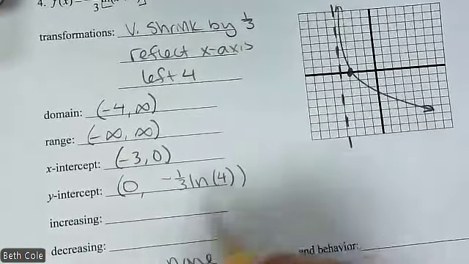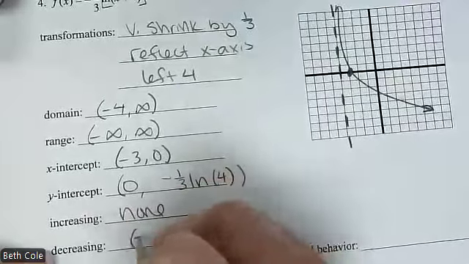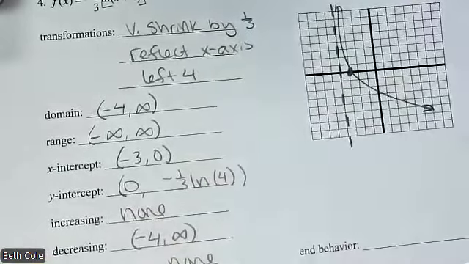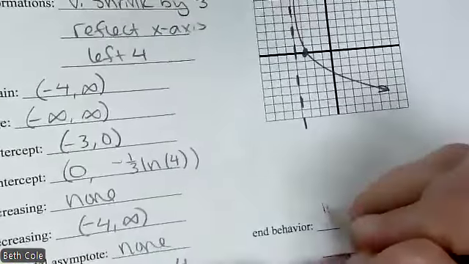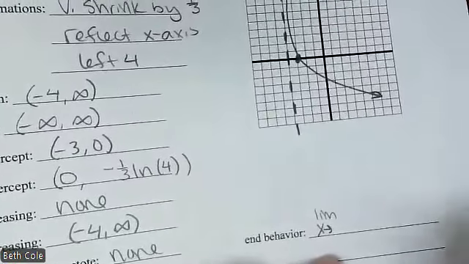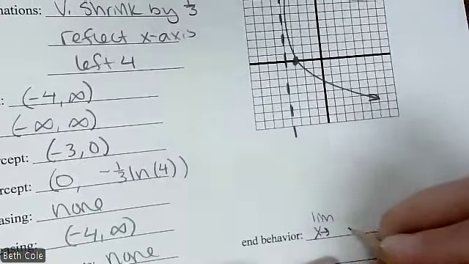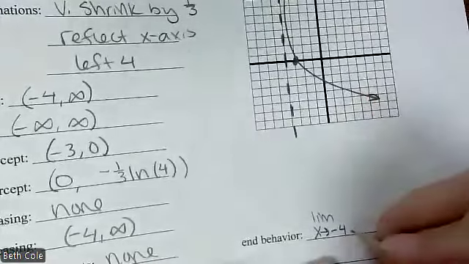Are we increasing or are we decreasing? Decreasing, copy over that domain. And then for the end behavior, can we go to negative infinity? No. The furthest you can go is -4 from the right.